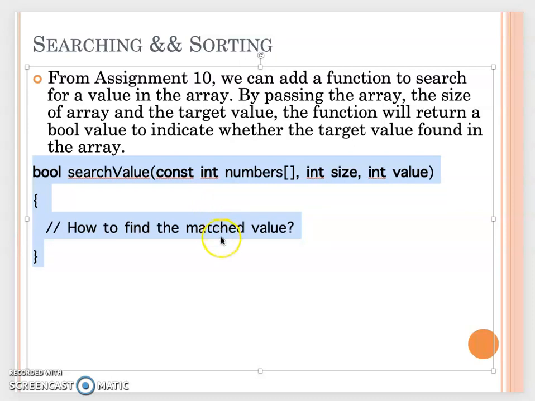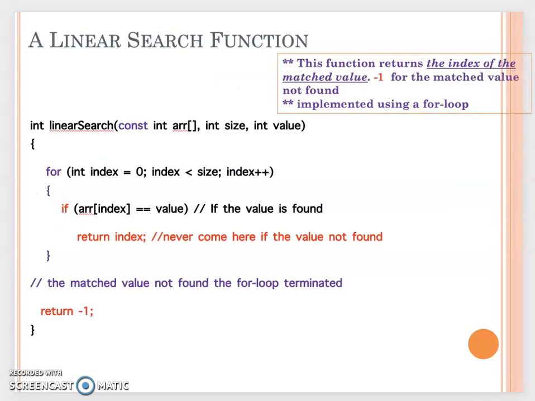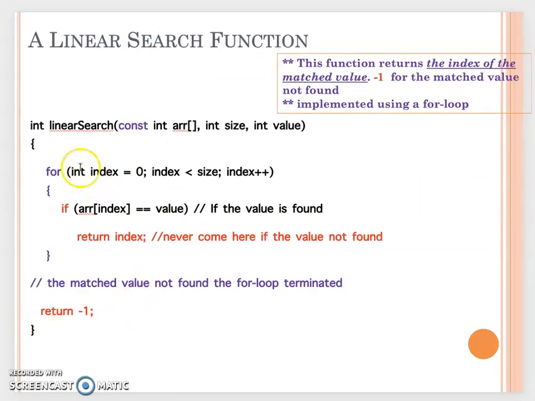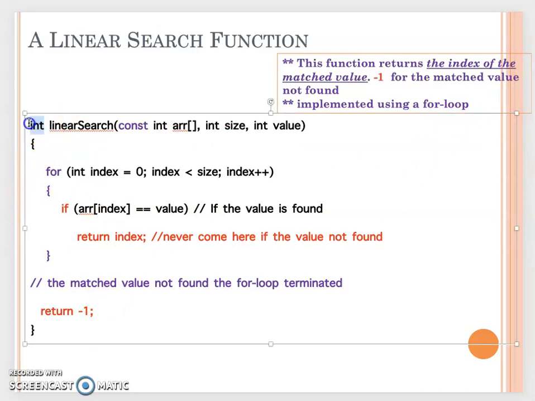I really want you to pause the video and go back to see the two examples I showed you. Modify from these two examples, maybe starting from the linear search with the for loop. Now, if I want to return the bool data type, how should you rewrite this function?